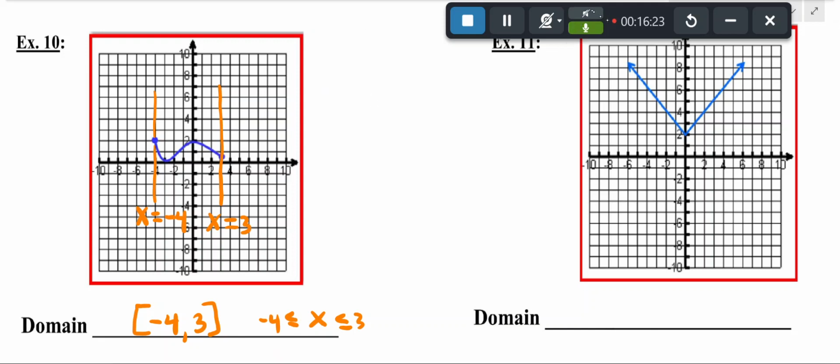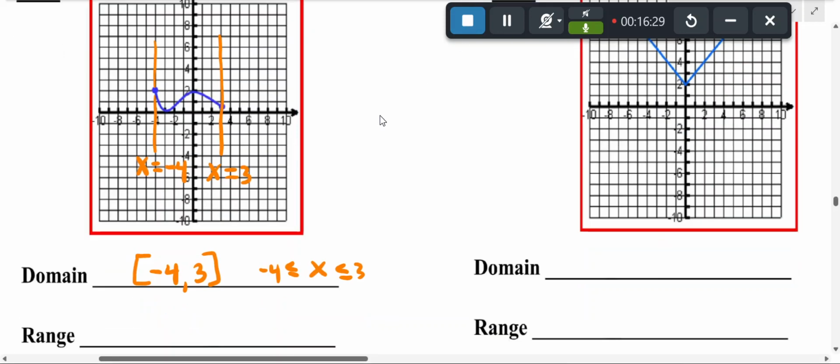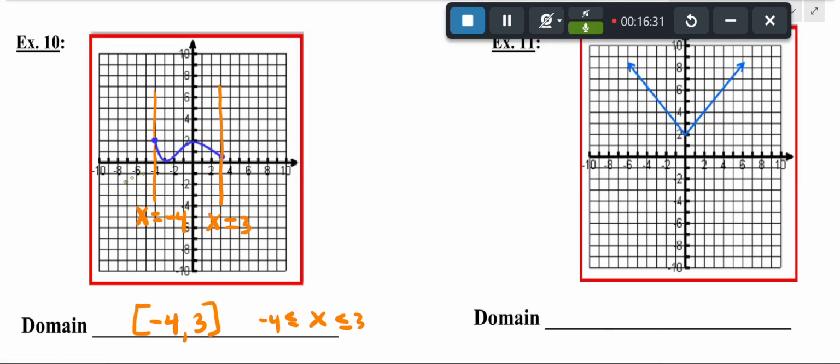The range, I'm looking for green, found you. The range, remember if you start drawing horizontal lines, are you touching the blue function? No. Are you touching the blue function? No. We don't touch the blue function until this line right here. And what's the y value there? The y value there is 0. And then after that, you draw this one.